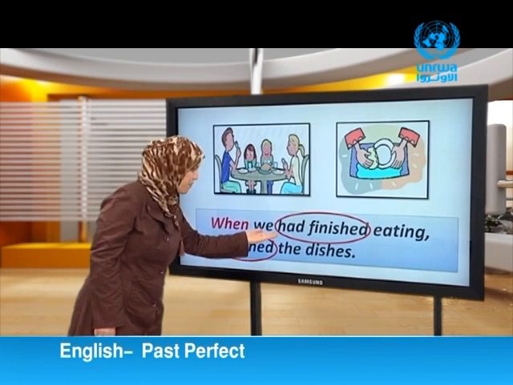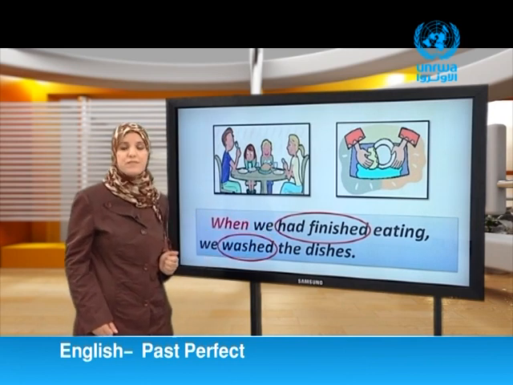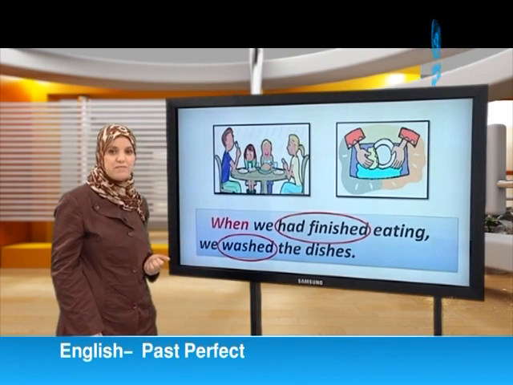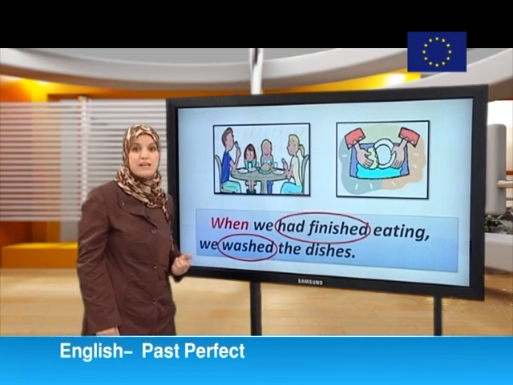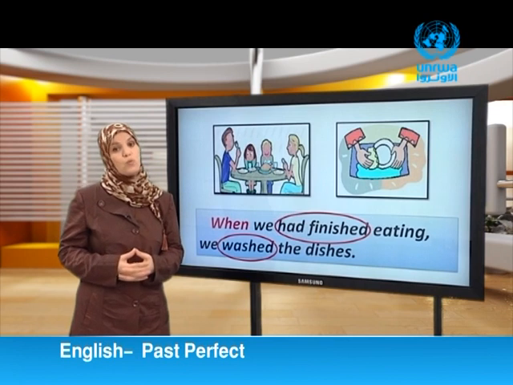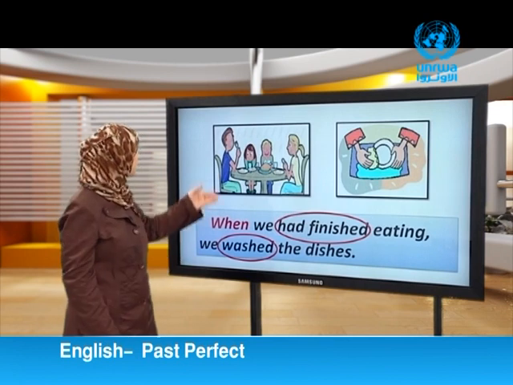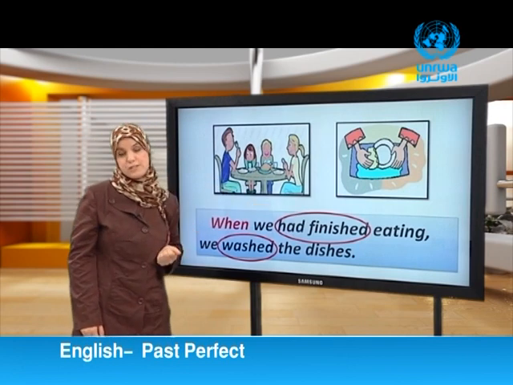Good. It is in the past perfect. So it is the action that happened first. What about washed? This is the second action because it is in the past simple. So we have two actions. Both of them happened in the past, but one happened before the other. First, they had eaten the dinner, then they washed the dishes.